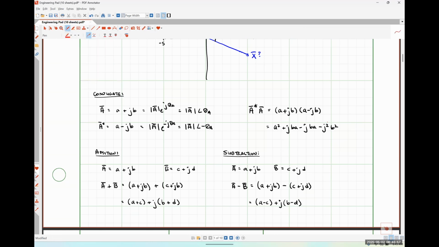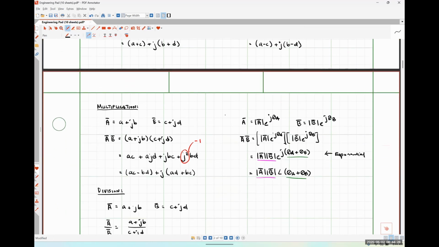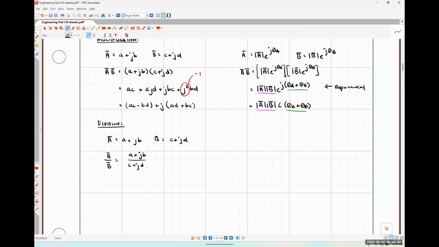And for what it's worth, this minus j squared is going to look like positive 1. So this would actually result in a squared plus b squared, which is the same thing as just the magnitude of our complex number A squared. So anytime I multiply a complex number by its own complex conjugate, I just get the magnitude of that number squared.